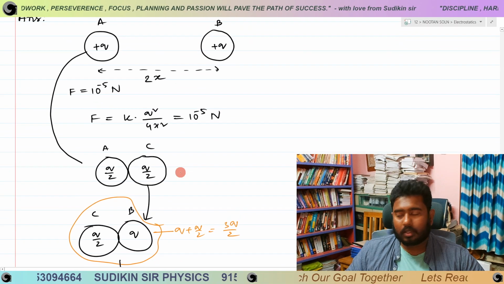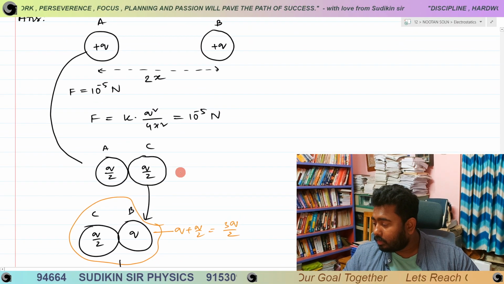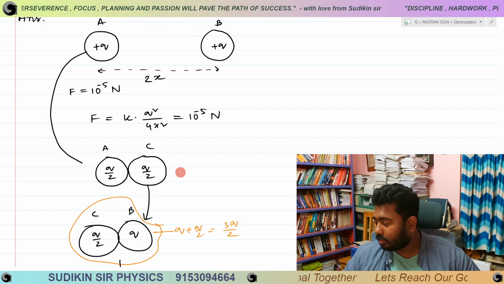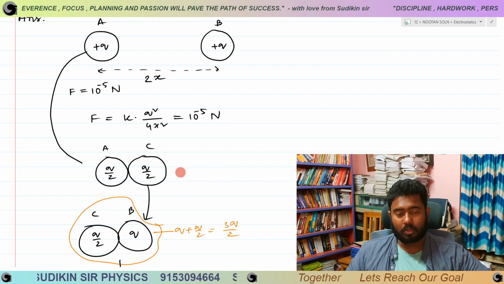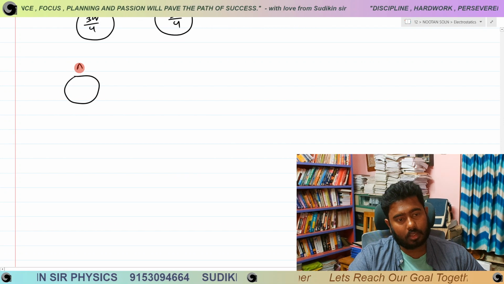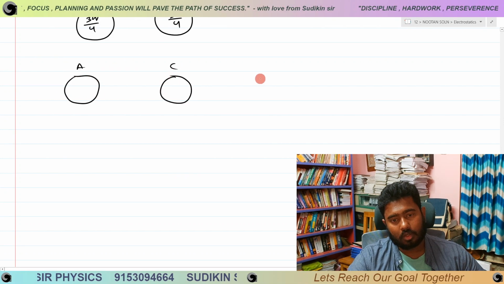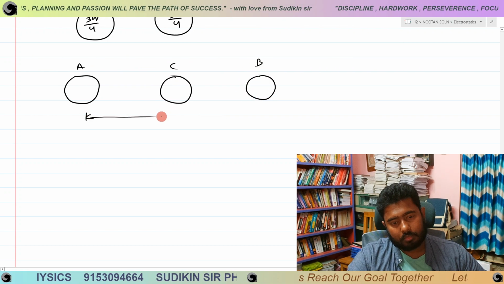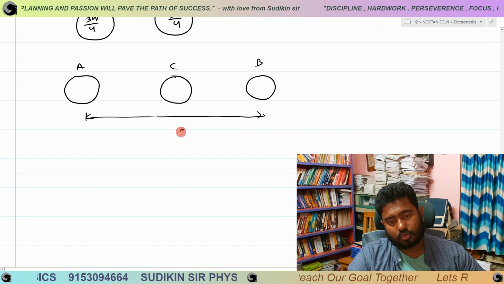Now they are saying calculate the resultant force on C. Since we have the same system, A and B, then C is placed exactly between A and B. The new situation is: this ball is A, we are placing C here, and B here, and the distance between them remains the same, that is 2x.